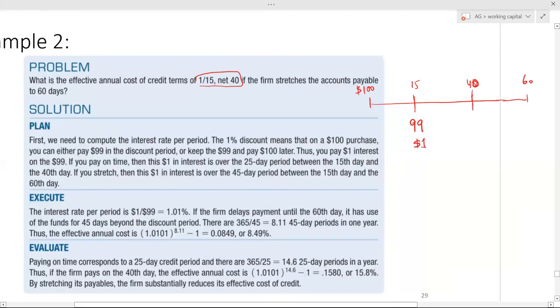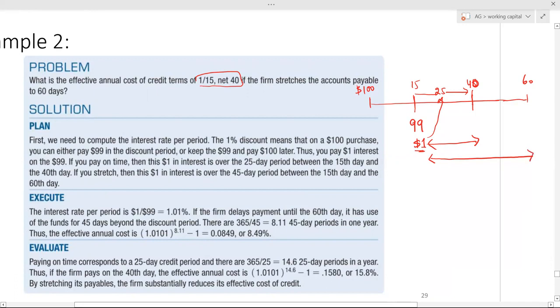So originally this saving was for 25 days. Okay, so this $1 is the saving that you are going to make for 25 days. But since the company is not paying on 40th day, the company is using that 99 funds for how many days?